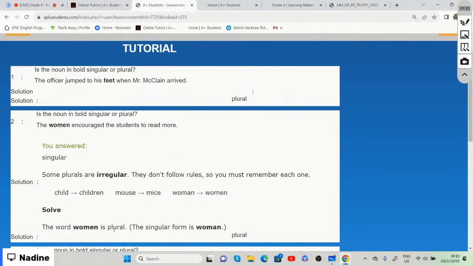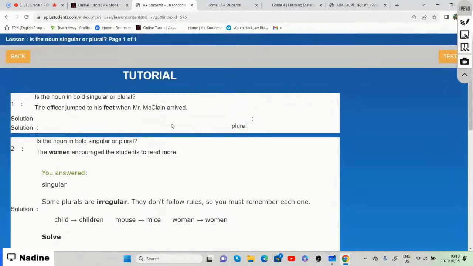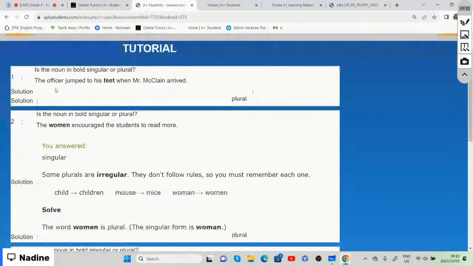All right. So now if we look at our first sentence, right? Is the noun in bold singular or plural? So before we answer that question, remember we said singular refers to one, either one person, one animal, one place, or one thing, right?